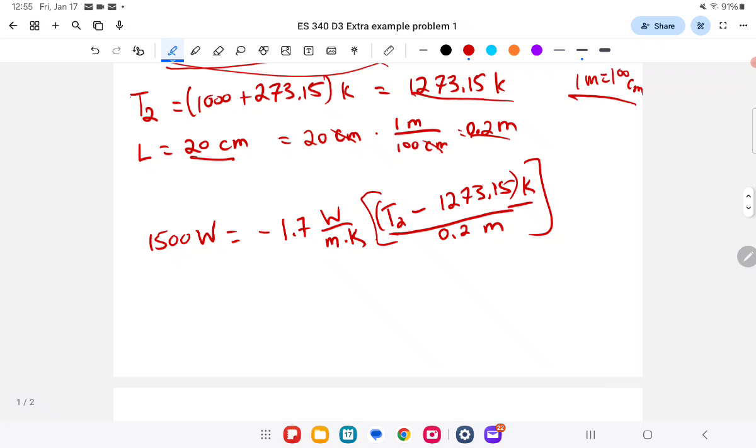Now we can rearrange this, of course. So I'm going to take T2 and move it over to this side.